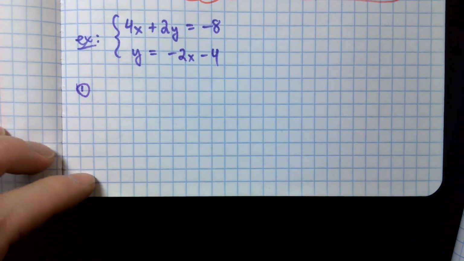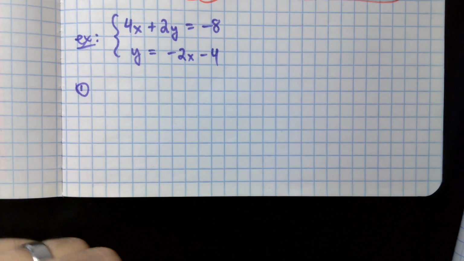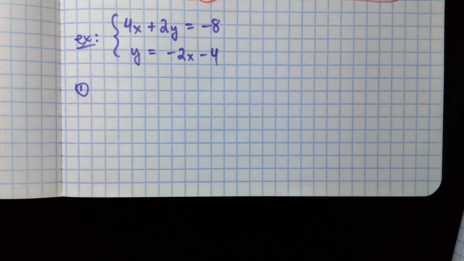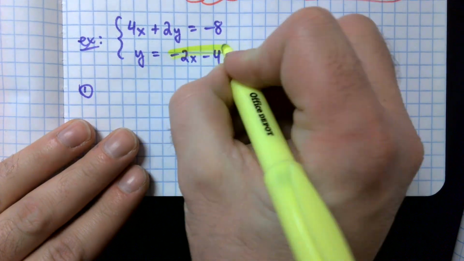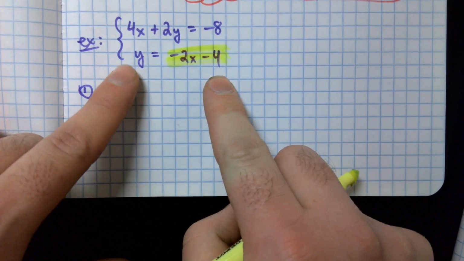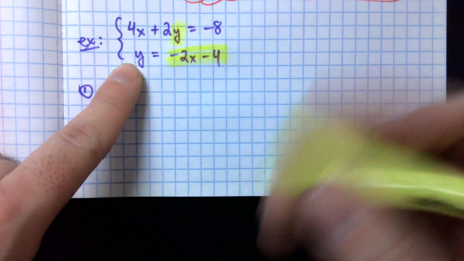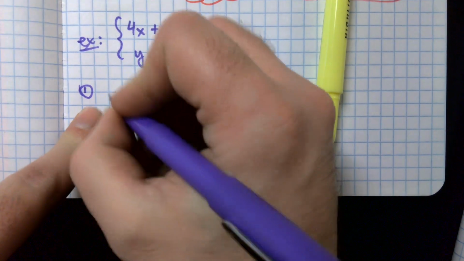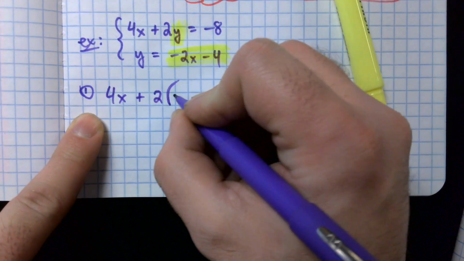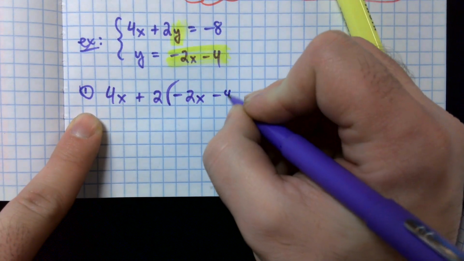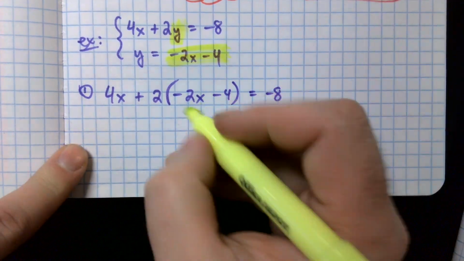I'm going to substitute in a whole expression. Where am I going to plug it in? Let's start with what I'm going to plug in: negative 2x minus 4, because that's y. I plug it in where the y is in the top equation. So I have 4x plus 2 times the quantity of negative 2x minus 4 equals negative 8.